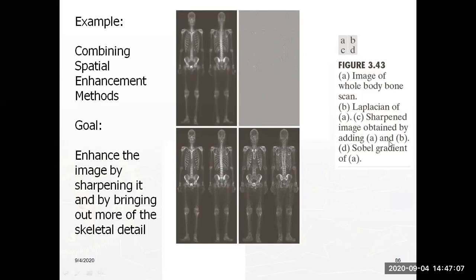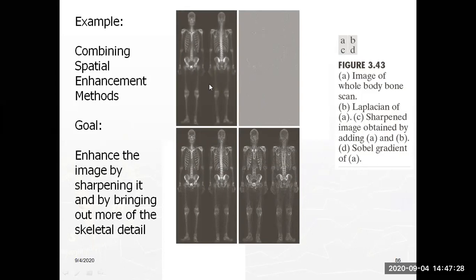And A and B. So what is D? The D is Sobel gradient of A. So now compare A and D. D is very clear compared to A. First there is my image, that is an X-ray of a human body, but it does not have much clarity.